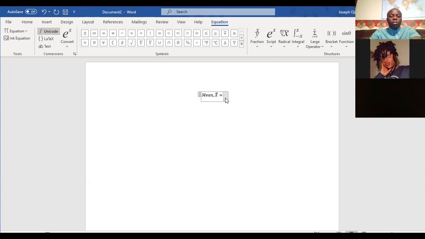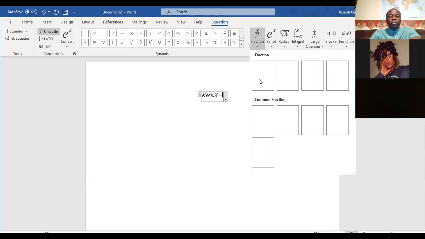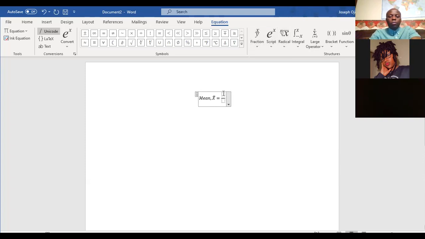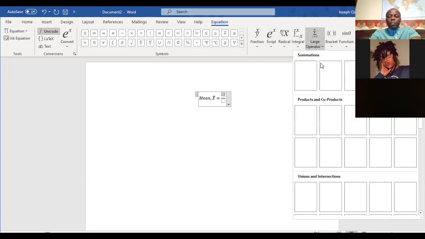X bar equals a summation of, let me put this symbol right.